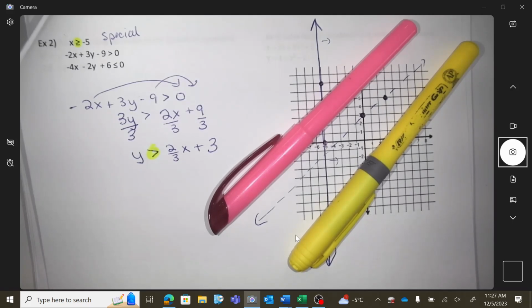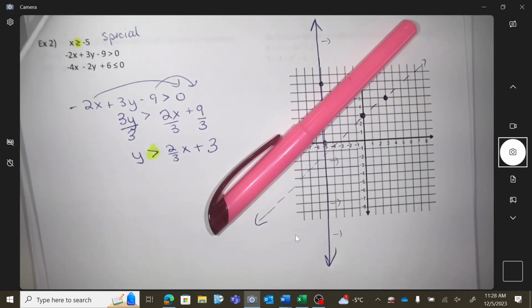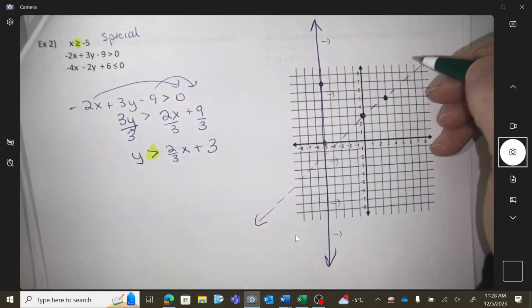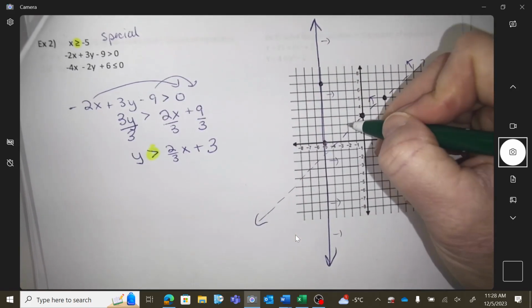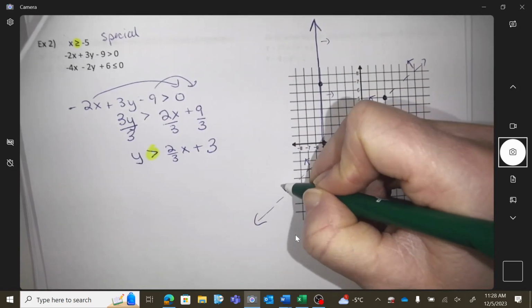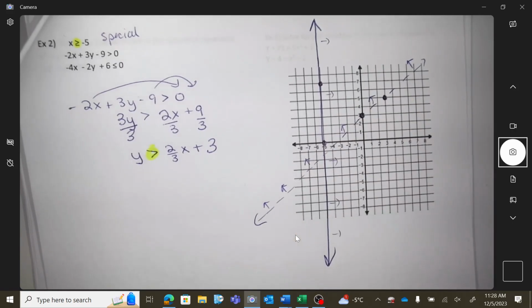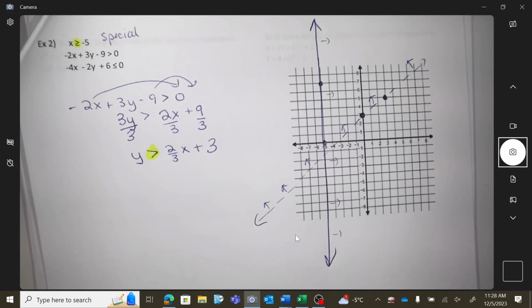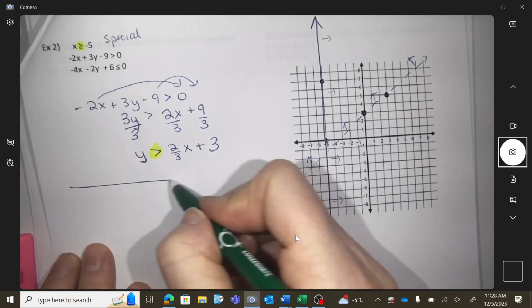Which side angles upward? The pink side, right? The pink side is in a position going up. So upward. So you want to be that direction. Okay, and the last line.